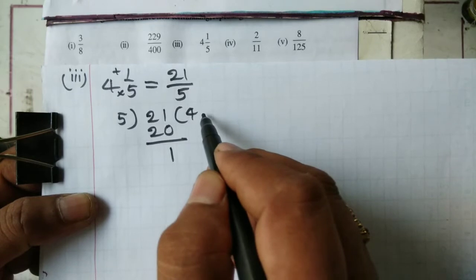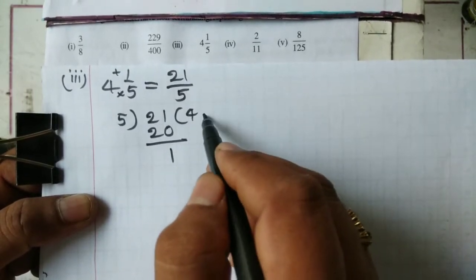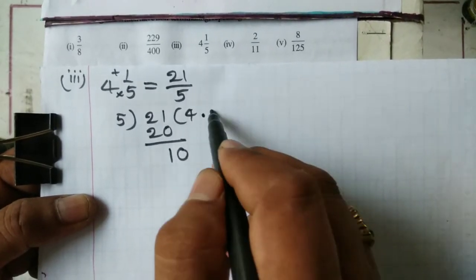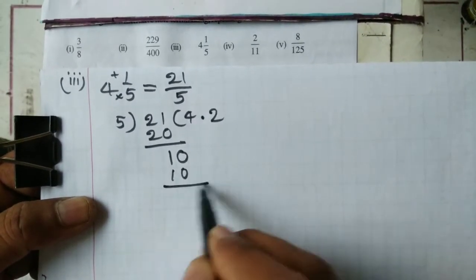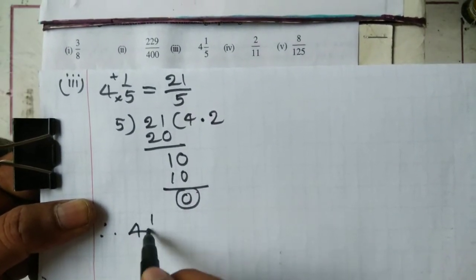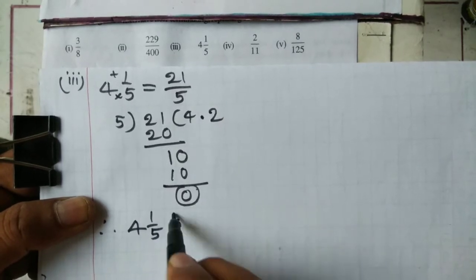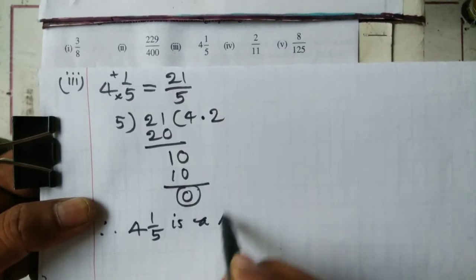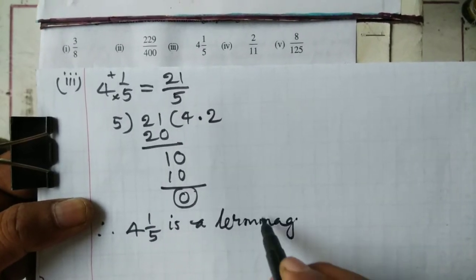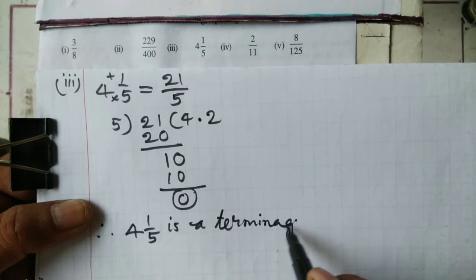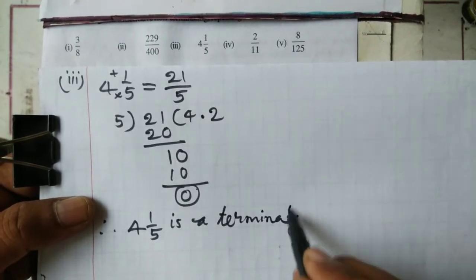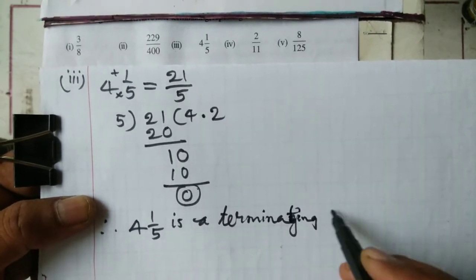We have to keep decimal point in quotient and keep 0 in remainder. 5 2s are 10. We got 0. Therefore, 4 1 by 5 is a terminating decimal.